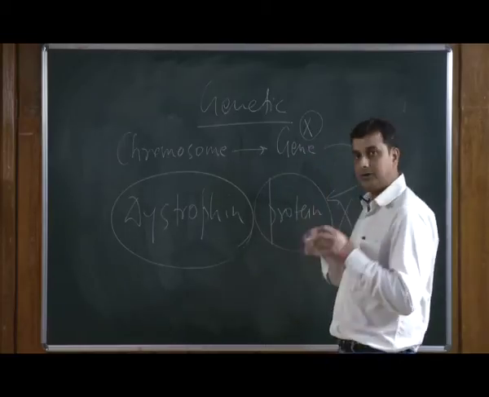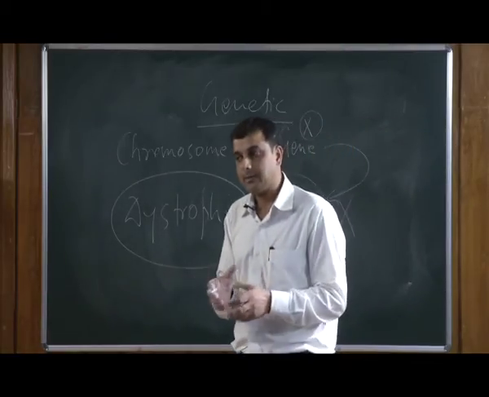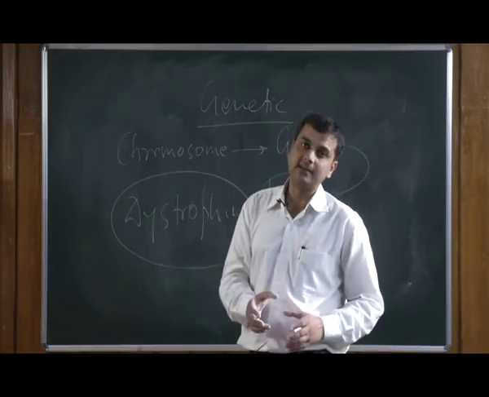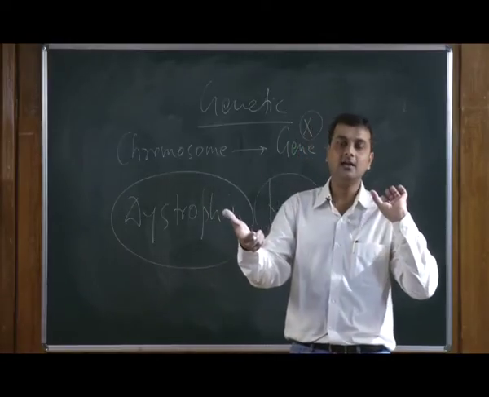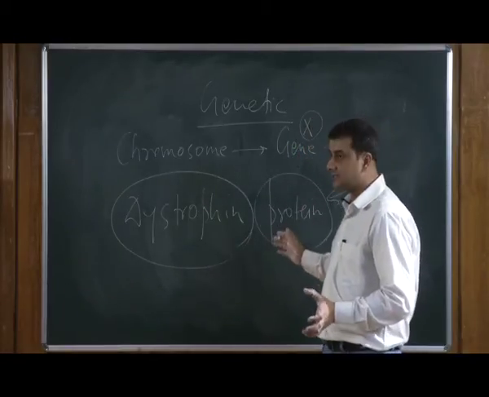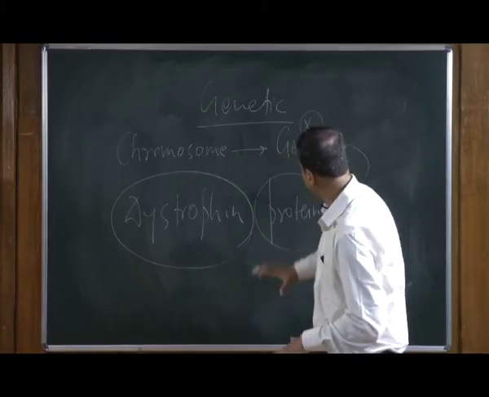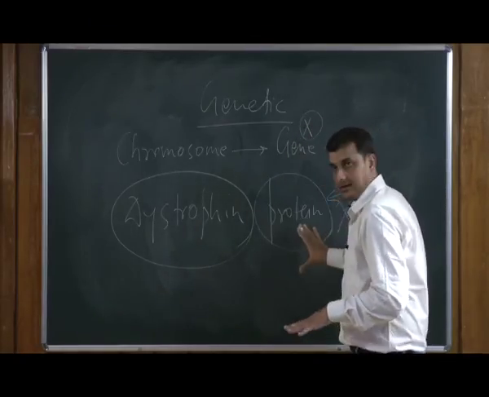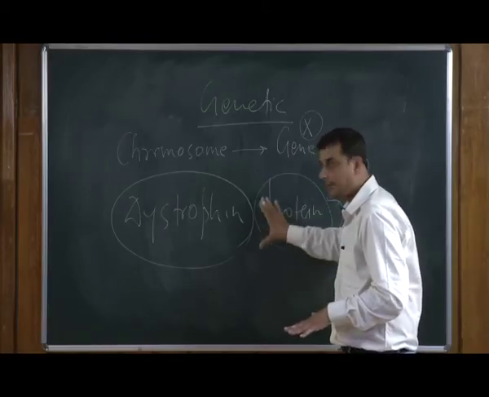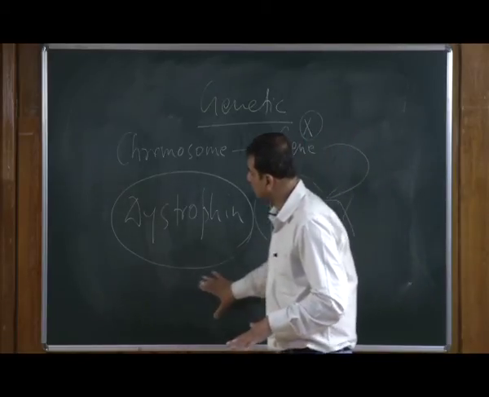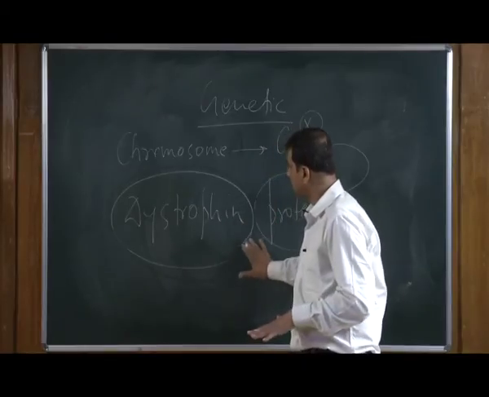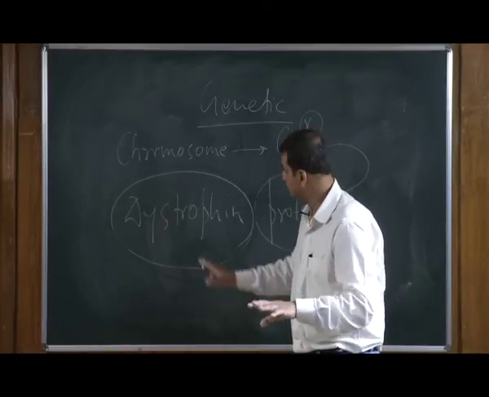If you mutate a gene, there are chances that the protein will not be produced, that it will form in a different style, or that it will form in less concentration or less amount. Anything which leads to a problem in the protein can lead to a problem in the protein which is going to form in the body, dystrophin.